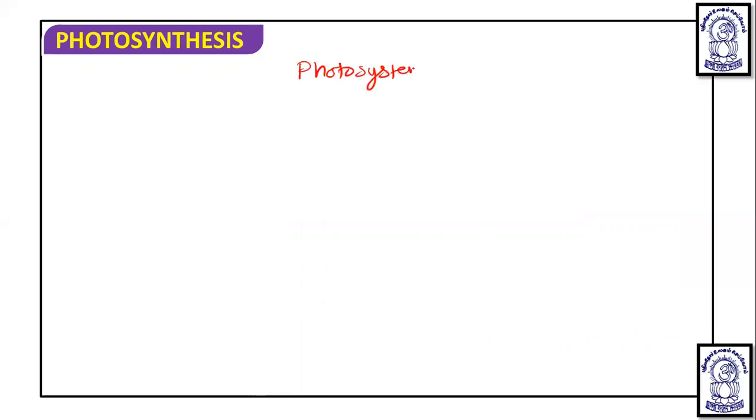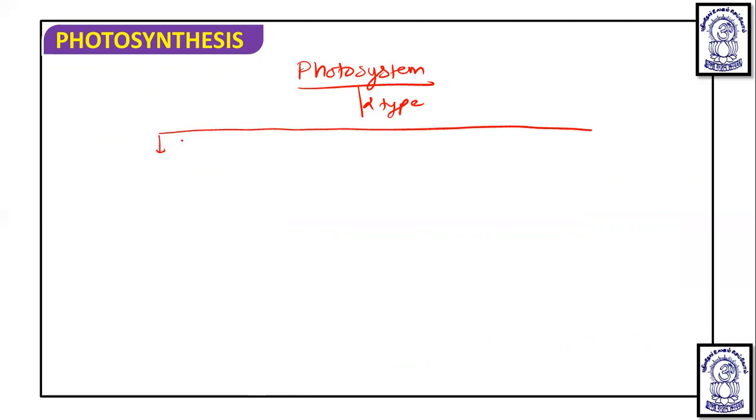Photosystems are of two types, based on discovery.